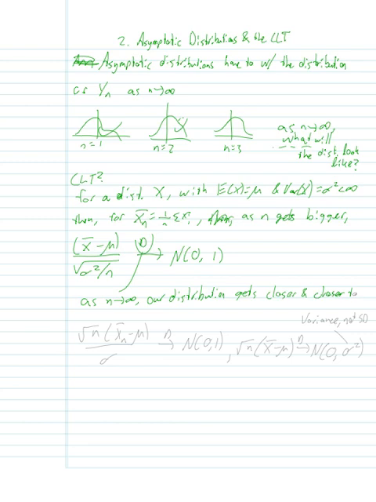Couple of equivalent forms of the CLT. We have square root of n, x bar sub n minus mu over sigma converges in distribution to normal 0, 1. We have square root of n, x bar minus mu converges in distribution to normal 0, sigma squared.